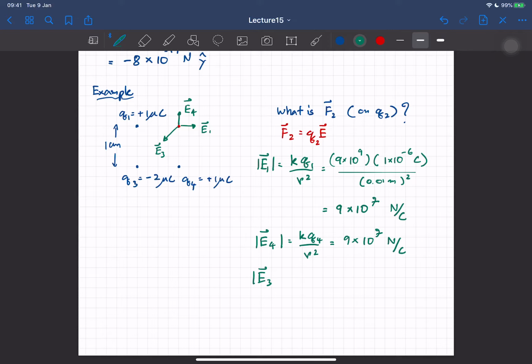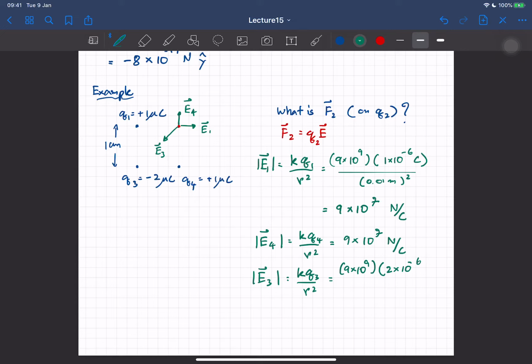E3 is coming from Q3, which is double in size, but it's a little bit further away. And again, I just ignore the negative sign because the negative sign of Q3 is only relevant when determining which way E3 is pointing. We already figured that out, so we just need the magnitude at this point.